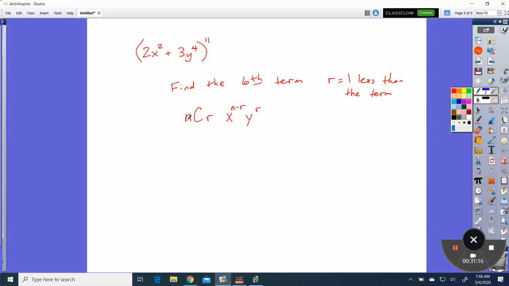So nCr, the n is 11. C5, the x term, so that's 2x squared, is going to be to the 11 minus 5 power, which is 6. The y part, which is 3y to the 4th, is going to be the same as the r, so that's 5. Okay.